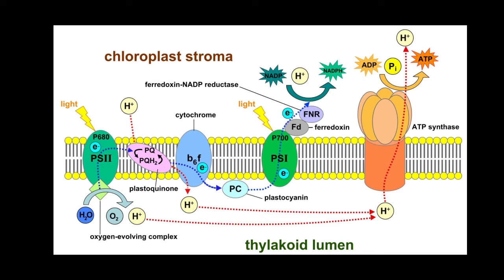Gaining that wavelength of light, the electron is released, and finally it passes on to the electron acceptor, which, as I mentioned before, is positioned right next to the photosystem.